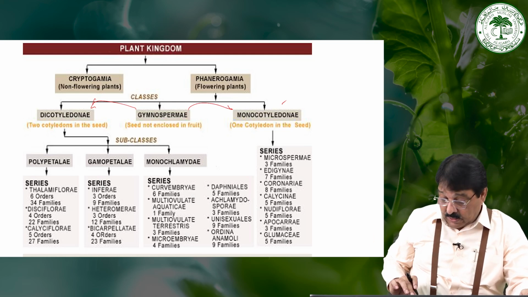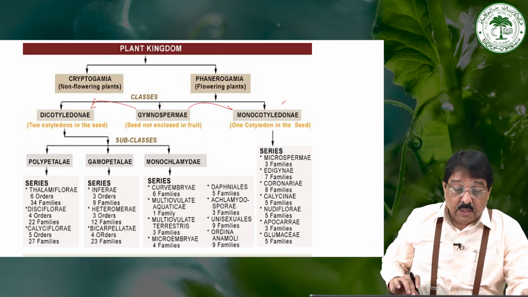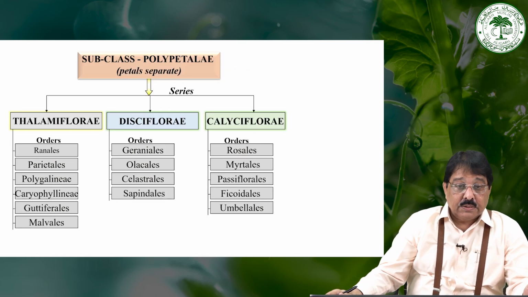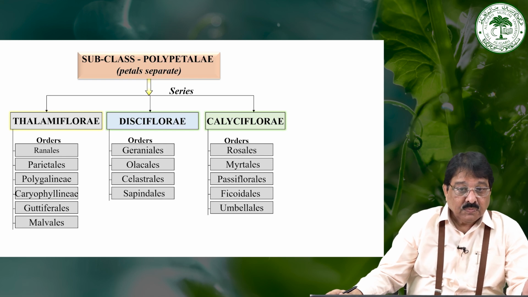In case of the thalamiflorae, we have certain orders, that is the Parietales, Ranales, Polygalinae, Caryophyllinae, and Guttiferales, as well as the Malvales.